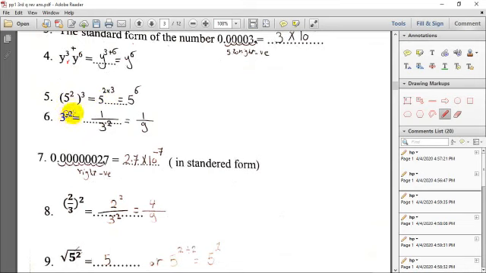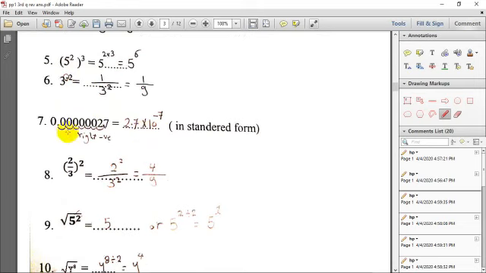Here, power negative. What does the negative power do? Negative power will flip the number. So it will be 1 over 3 to the power of 2. The negative flips the number. Finish. So it's 1 over 3 to the power of 2, which is 1 over 9.